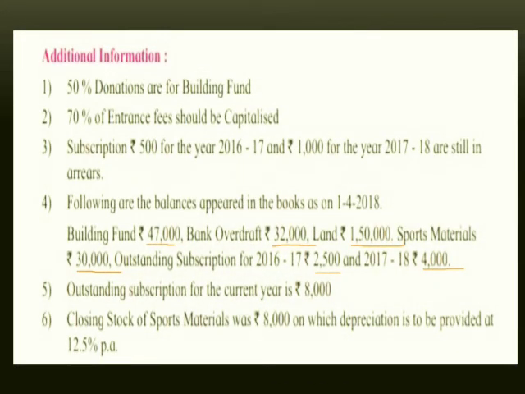Next, subscription rupees 500 for 2016-17 and 1,000 for the year 17-18 are still in arrears. What does it mean? It means these are not received. So these are again outstanding. So these outstanding subscriptions we will write under the balance sheet asset side.